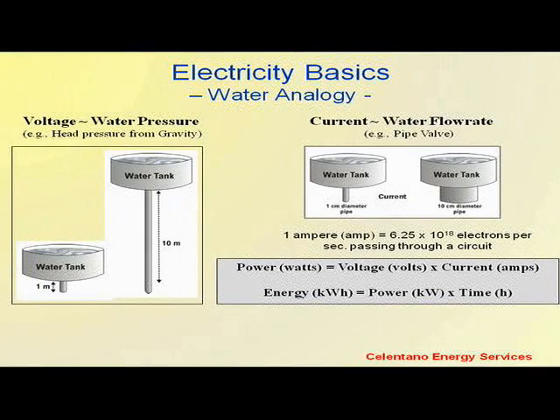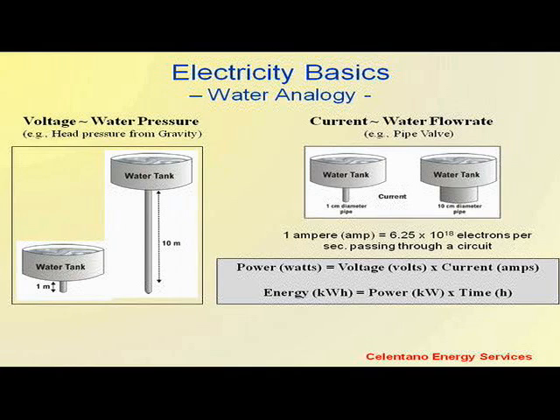So let's go back to our water analogy. If you were to have a water tank, and that tank is 10 meters high, there's going to be much higher water pressure down here than if that water tank was only 1 meter off the ground. And this is why you see water tanks that are elevated 100 feet off the ground, the municipal water tanks.